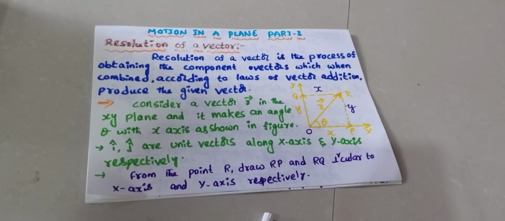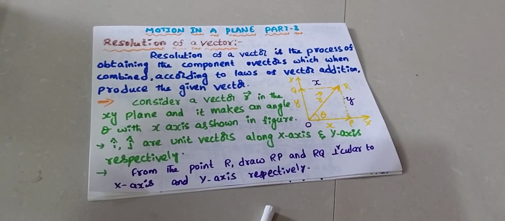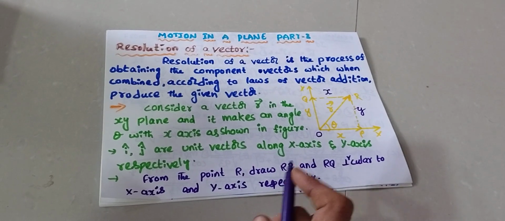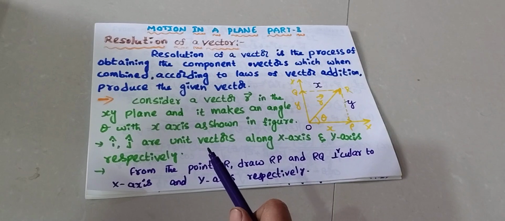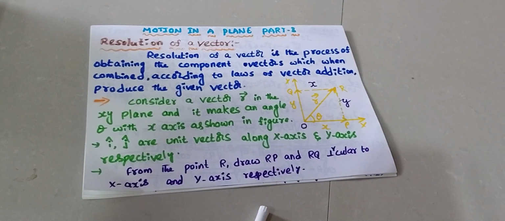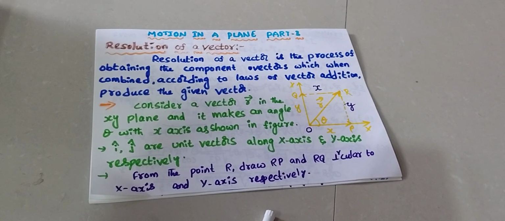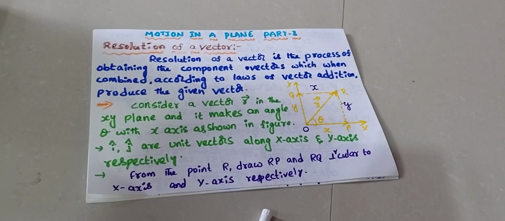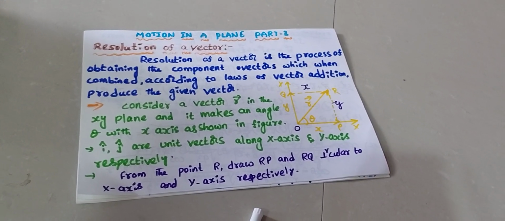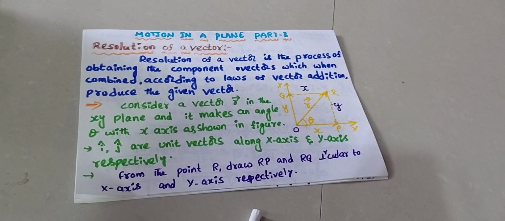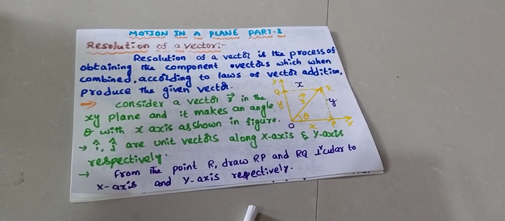Consider a vector r bar in the xy plane, making an angle theta with the x-axis, as shown in the figure. i cap and j cap are the unit vectors along the x-axis and y-axis respectively.